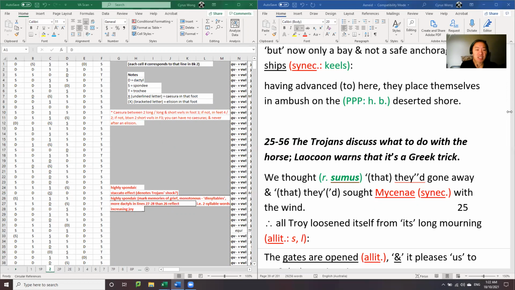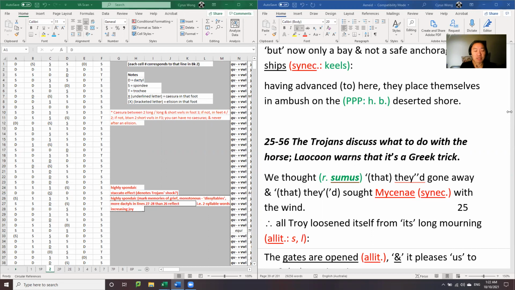So you generally know that anything highly spondaic, which I've marked on the scansion file, could mean something slower paced, solemn, sorrowful, whereas dactylic is faster paced.